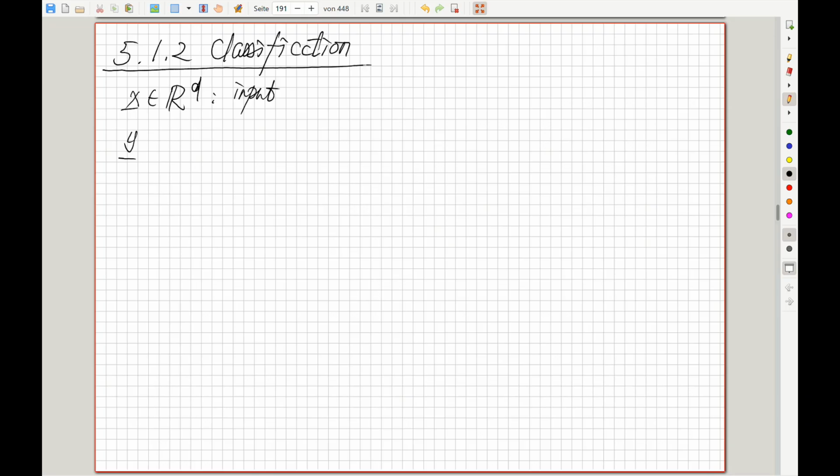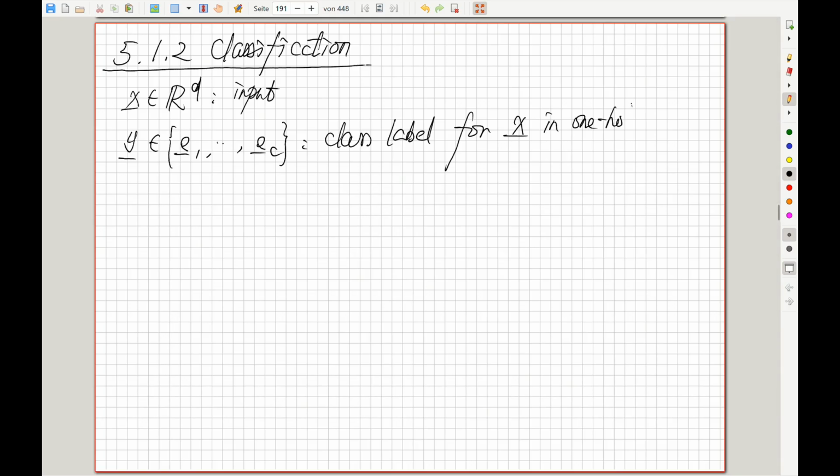Now you would like to see the benefit of the one-hot coding. In the one-hot coding, the class label is not an integer, it's a vector. It can be the first unit vector, the second unit vector, or the last C-th unit vector. They are the class label for our input vector X. The input vector can be speech, can be image, can be anything, right? But now it's in one-hot coding.